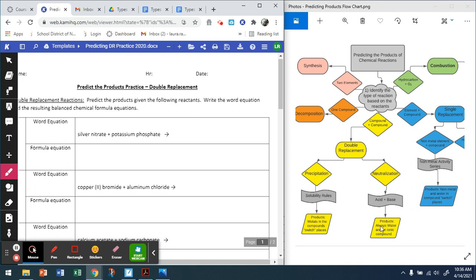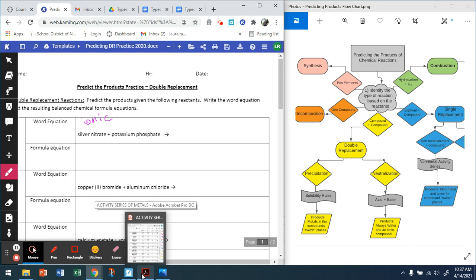Those produce water and an ionic compound. Here, I'm looking at metals in the compound switching places. So I have two ionic compounds. These are both ionic. So that's part of what helps us know that it's going to be a solubility rule type situation. So the first thing I want to do is make the switch.